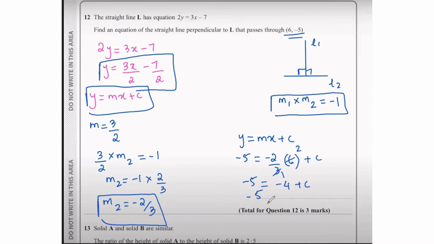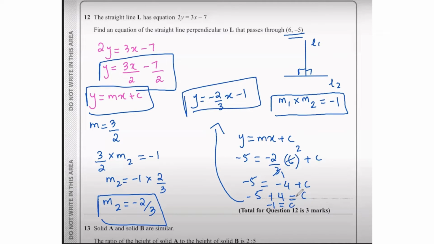And negative 5 plus 4 equals to c, which is negative 1. So our equation will be, write this over here, y equals to negative 2 by 3x minus 1. C value is negative 1 and M value is negative 2 by 3.